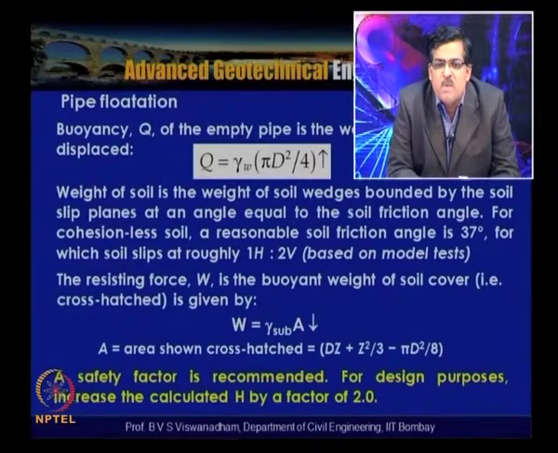W is equal to gamma submerged into area A, where A is the cross hatched area, given as d z, where d is the diameter and z gives the total rectangular area, plus z square by 3 minus pi d square by 8.